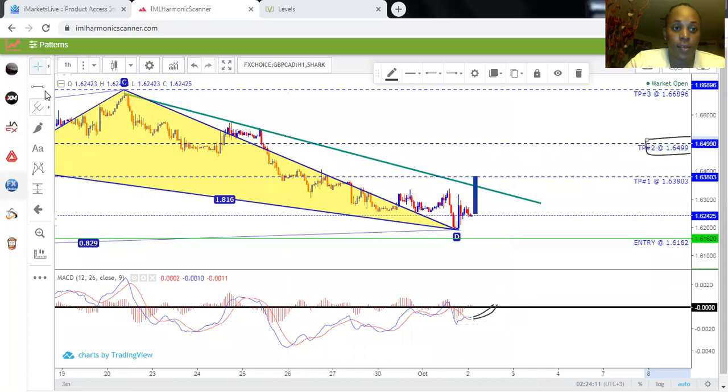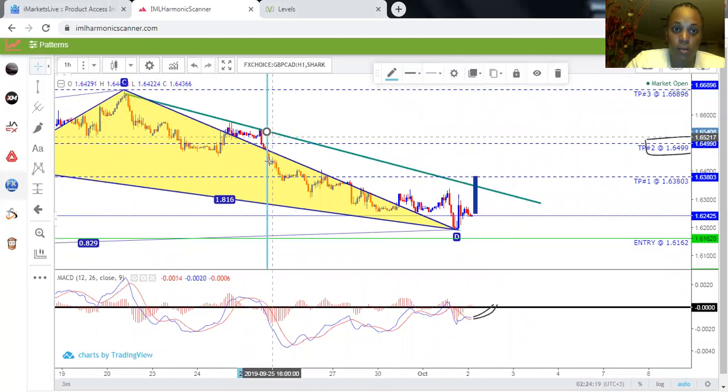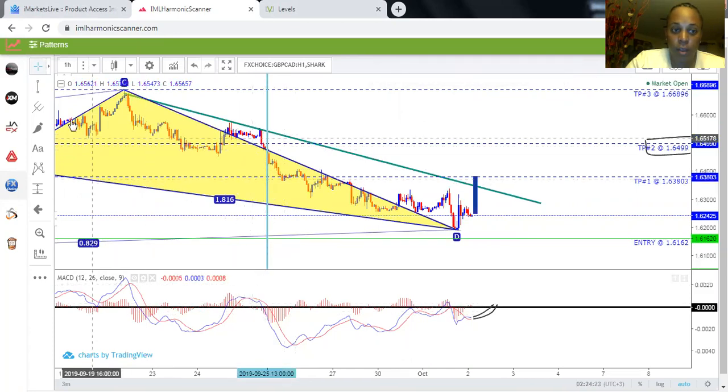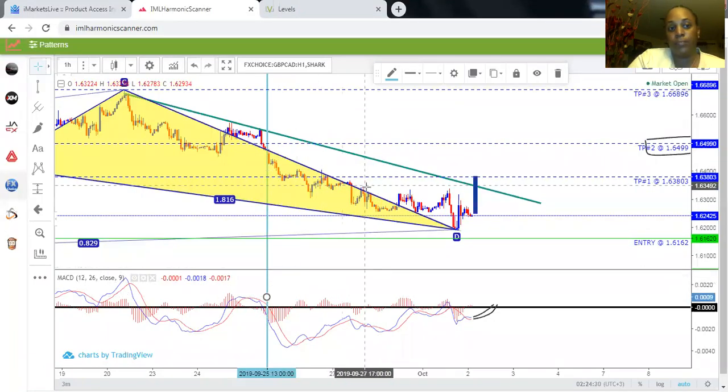So let's look at this. If we look here, where the MACD lines cross, this is telling me that we are now going into a downtrend. It confirms that we are going into a downtrend, right?